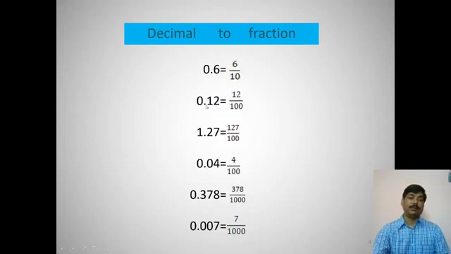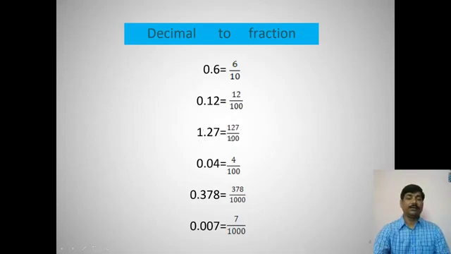In this case, we remove the point. The whole number will be 12, and in the denominator we write 1 and add zeros after this one. How many zeros? 2 zeros, because there are 2 digits after the decimal. In this number, 1.27, let us represent it in fraction form.